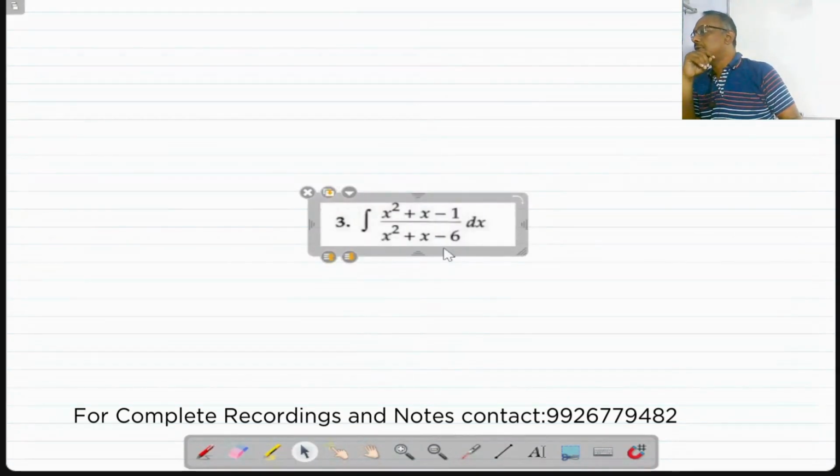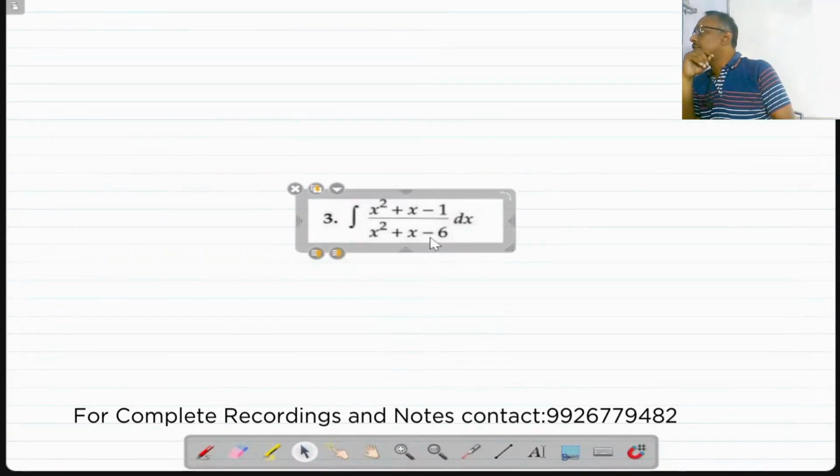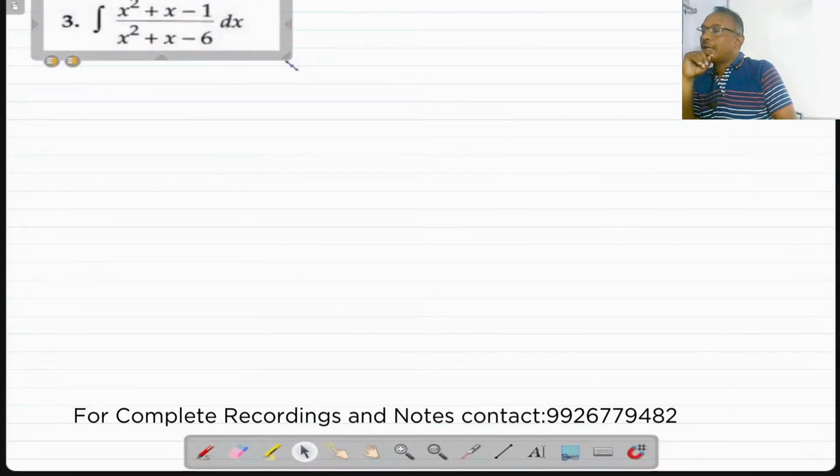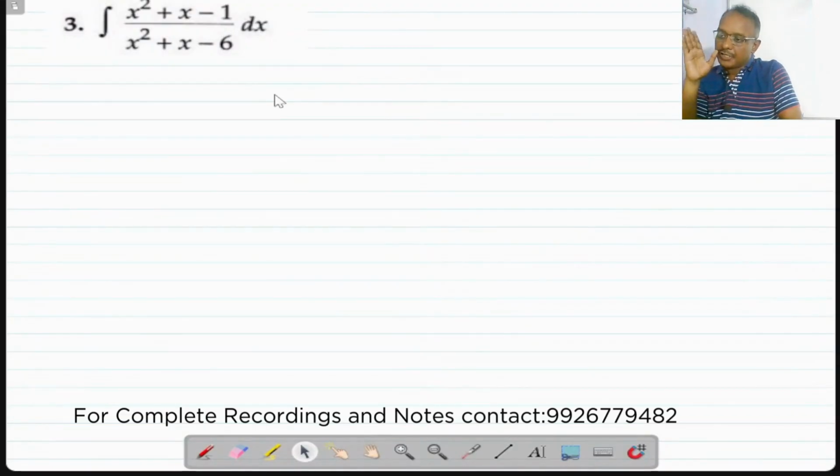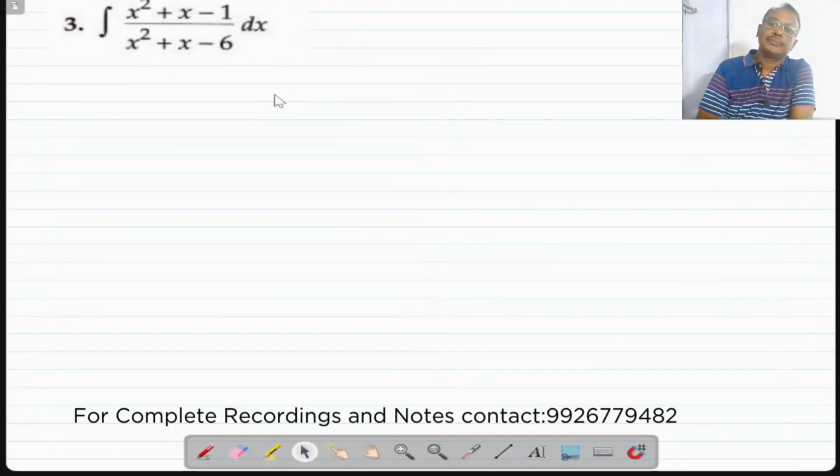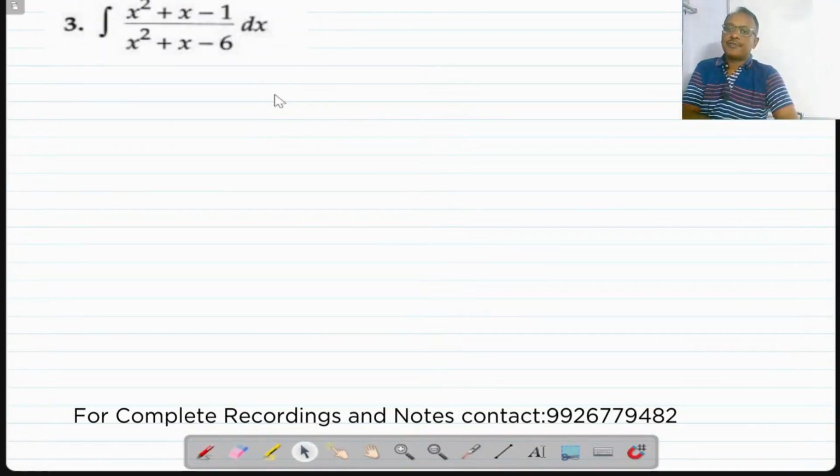This question, can we use partial fractions? सबसे पहला question. Can we use partial fraction? No. Degree are same. And what do you observe, beta?